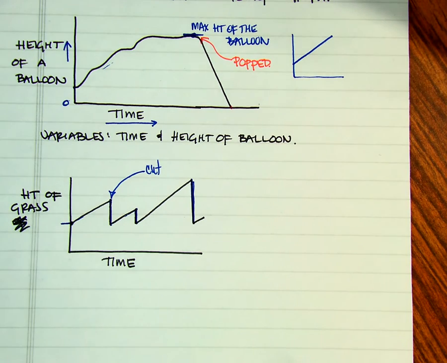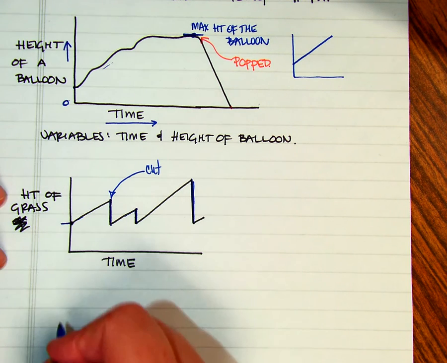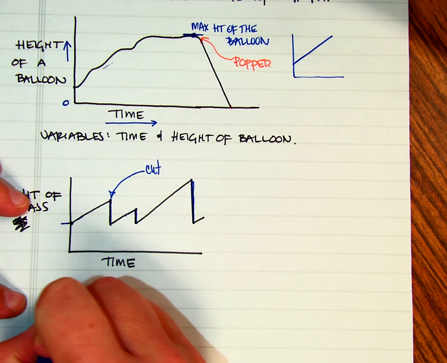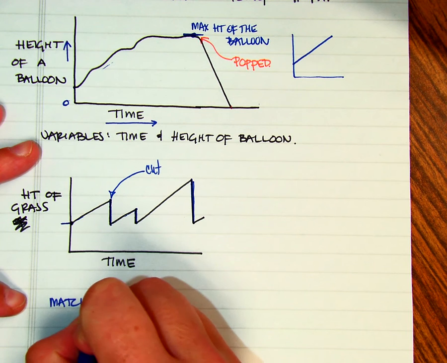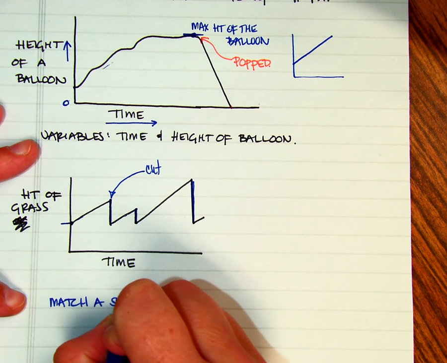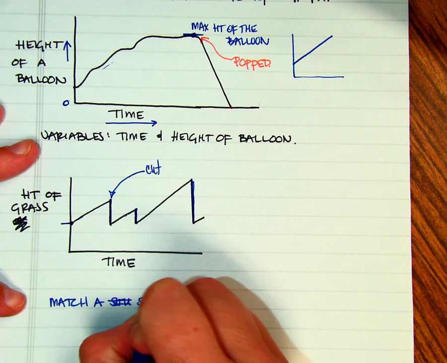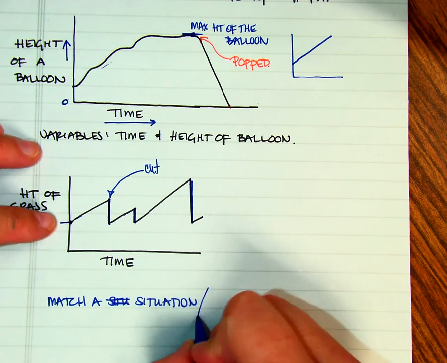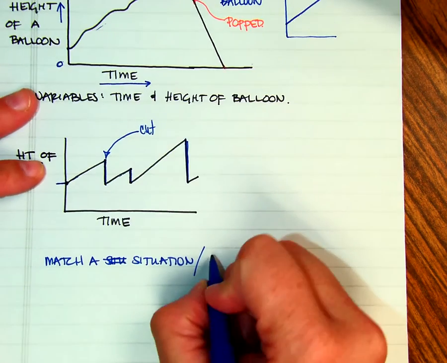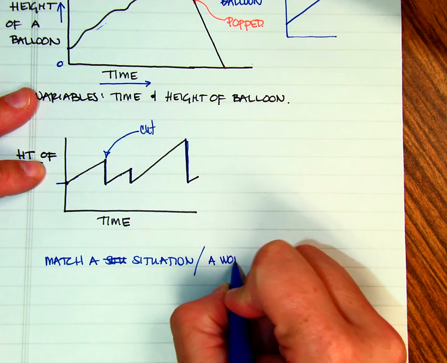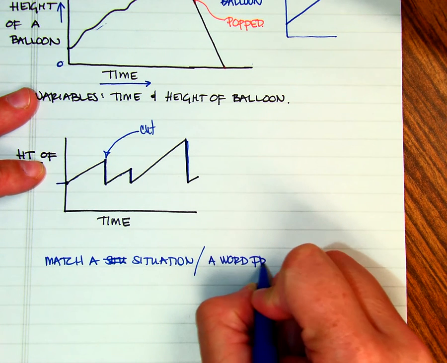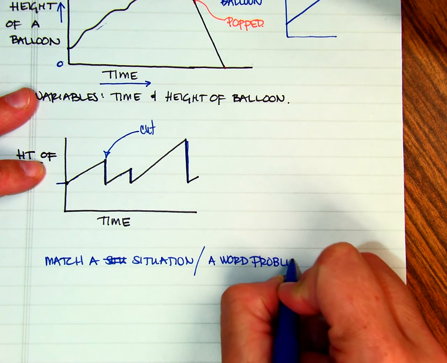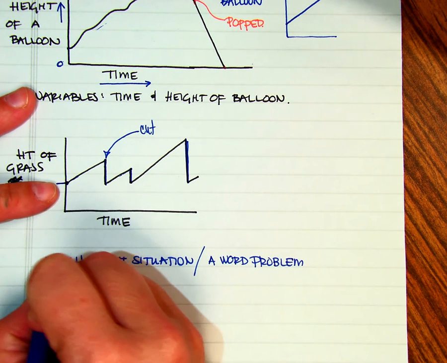So the challenge of what you're going to have is you're going to try to match a situation, I'm going to call situation a story problem or a word problem, to a graph.